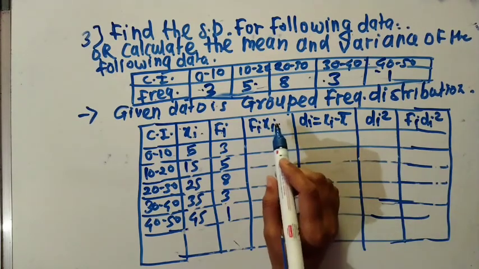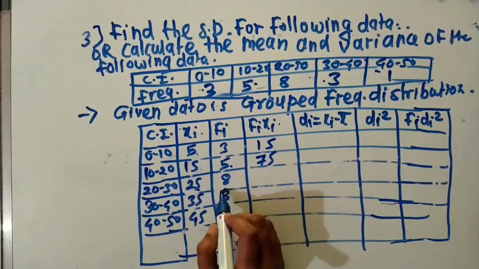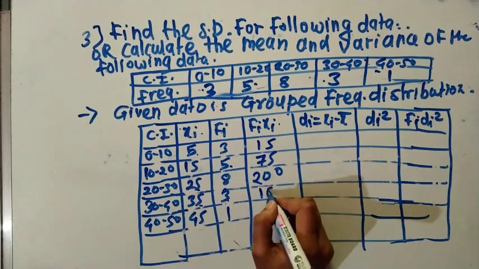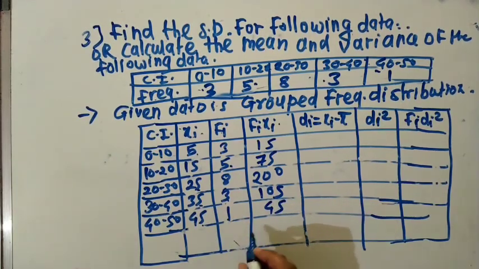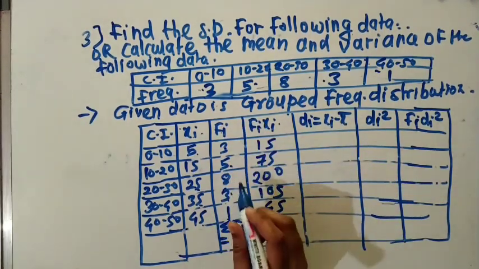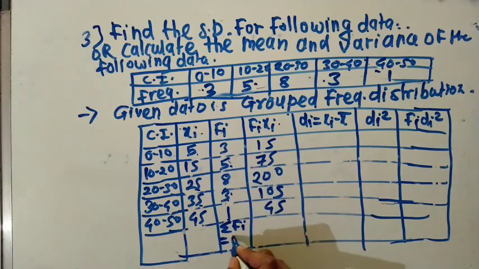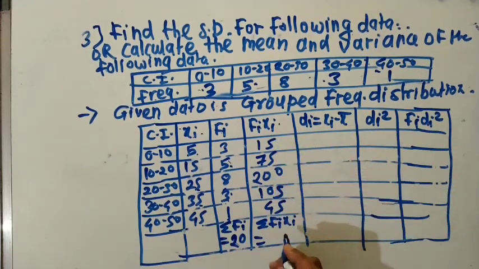Then find out fi into xi. 5 into 3 is 15, 15 into 5 is 75, 25 into 8 is 200, 35 into 3 is 105, 45 into 1 is 45. Then the summation of fi is 3 plus 5 is 8, 8 plus 8 is 16... the summation of fi is 20, and the summation of fi xi is 440.